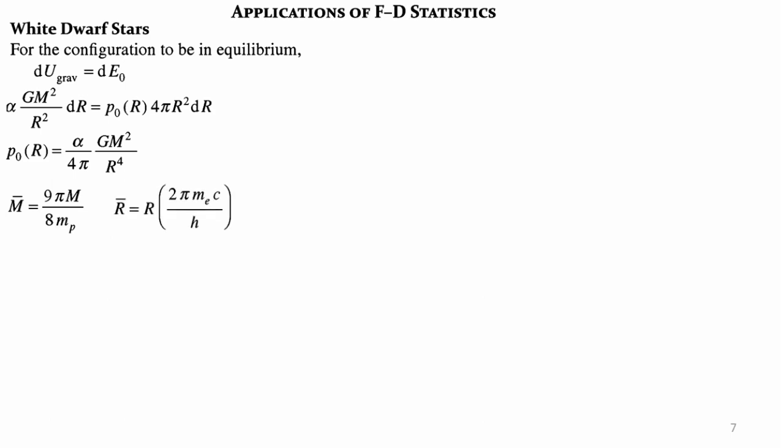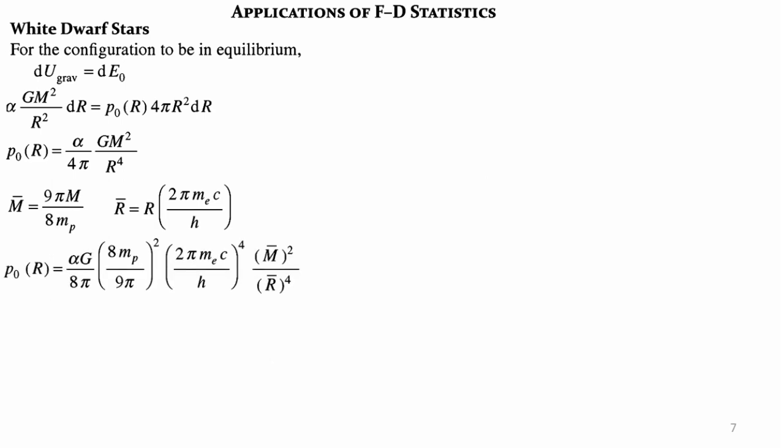Now I hope you remember what m bar and r bar were. If we use those m bar and r bar, then what we have actually done here is written m in terms of m bar and r in terms of r bar in this expression.